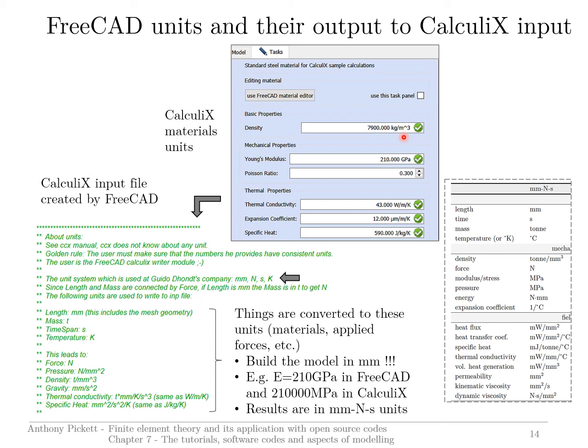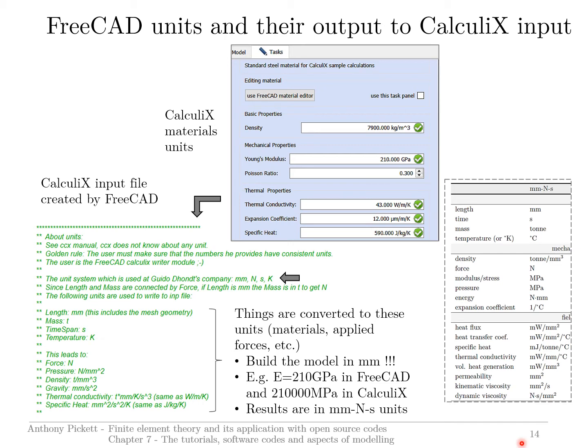You will see these units being given, and then put in the appropriate numbers for those units. But when we come to write out the input file used by Calculix, it will always be expressed in the units here, which I'd already shown you.